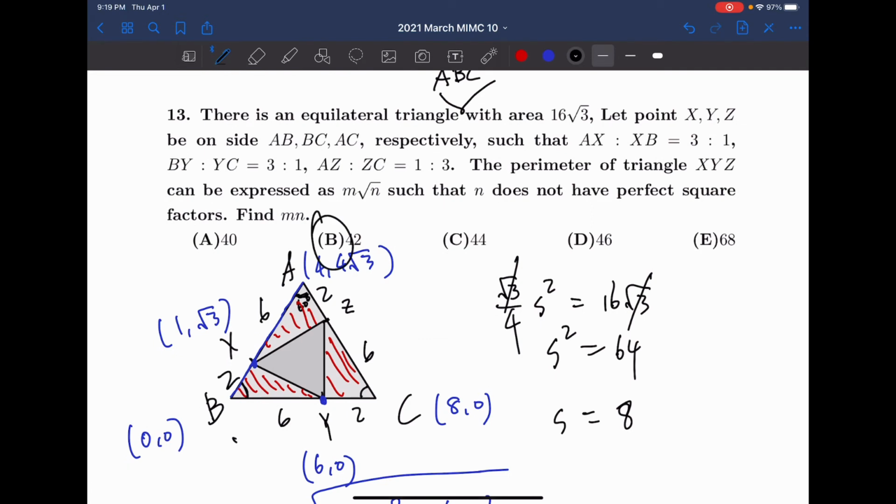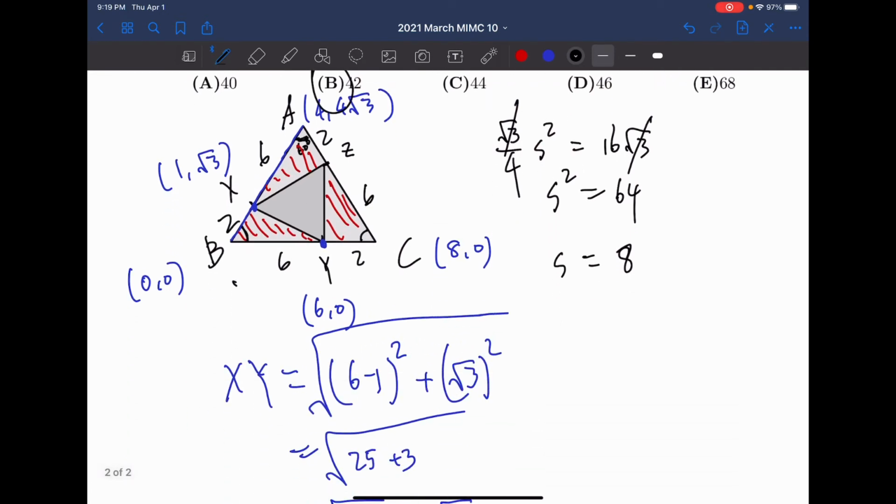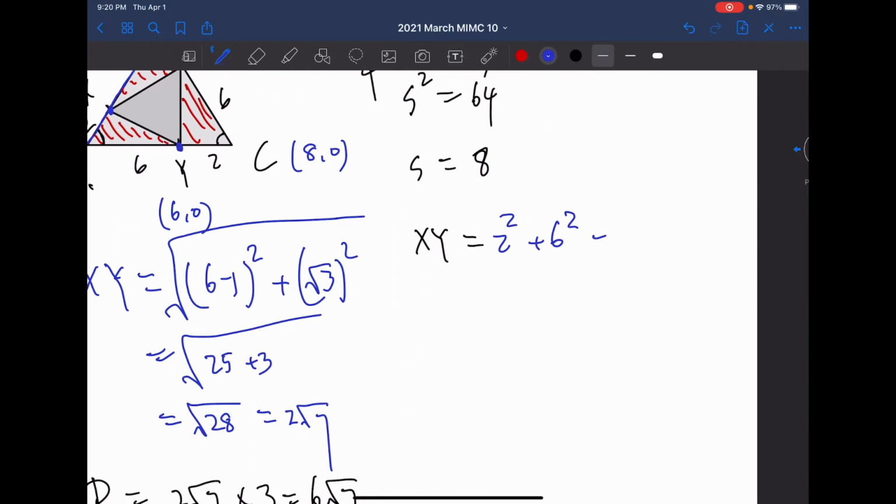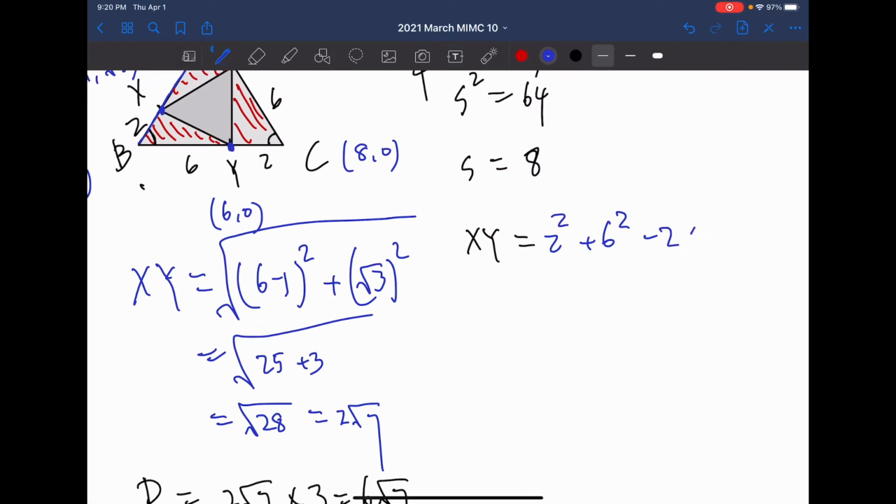There's also another approach to calculating XY. We can also use the law of cosines. I know that is not actually a knowledge point for AMC 10, but we can do it if you know trigonometry well. The length XY squared can be expressed as 2 squared plus 6 squared minus 2 times 6 times 2 times cosine 60 degrees.